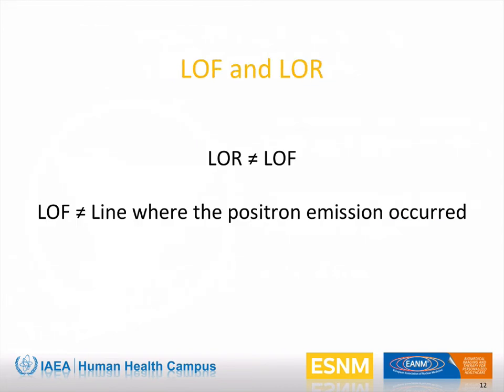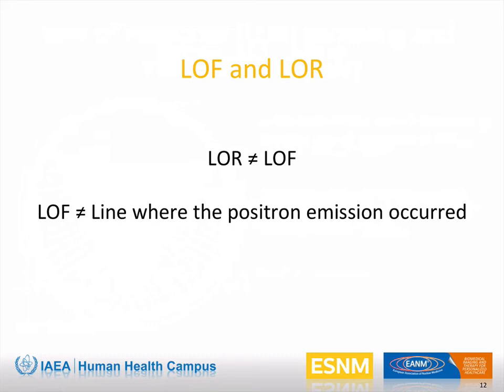Thus, summarizing the line of flight and the line of response concept, it is important to remember that the line of flight is the line along which the two gamma rays are supposed to fly, and the line of response is the line connecting the two detectors where the gamma rays are detected.